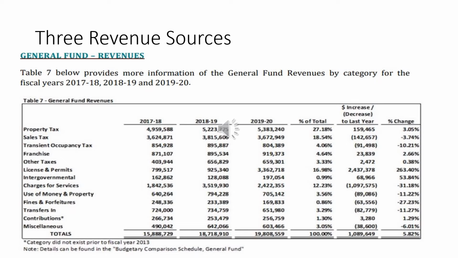For the 3 financial years, TOTs raised slightly over 4% of the city's total revenues, with 2020 having a collection of $800,000. The city projects to raise over $900,000 in TOTs for the financial year 2022 through 2023, as per the revised mid-year budget, which I will also display in the next slide.